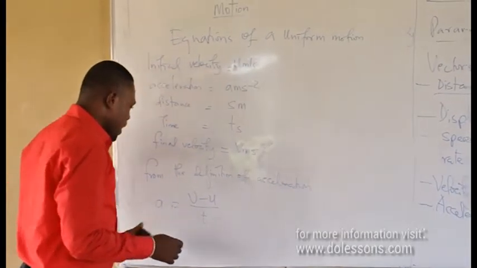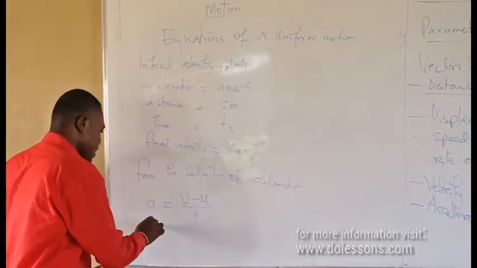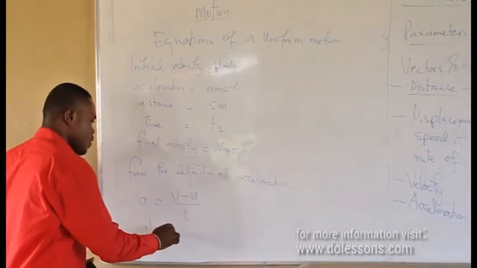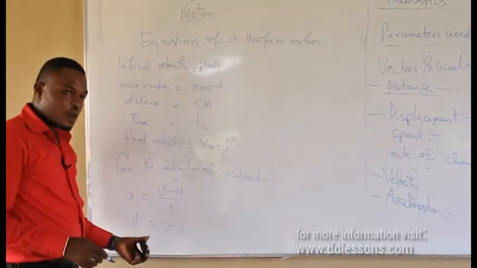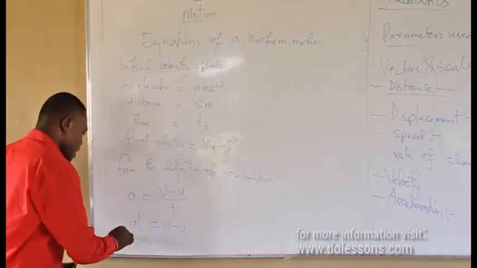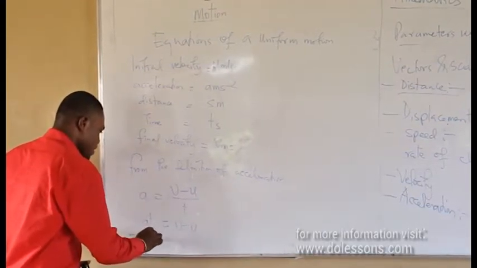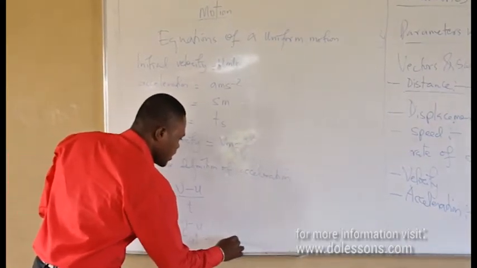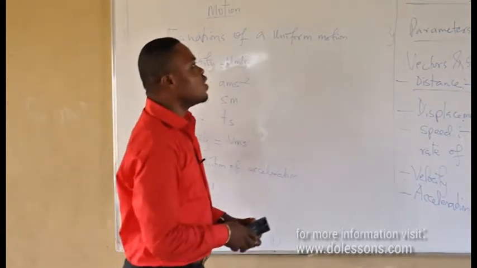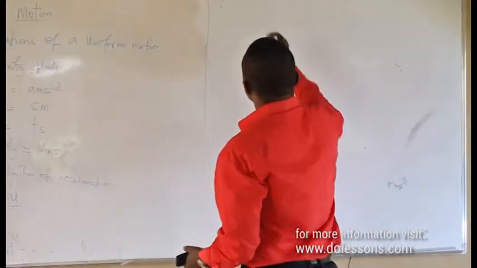If we cross multiply, we'll have a times t equals v minus u. And subject to rearrangement, we'll have that v is equal to u plus at. This is called the first equation of motion.